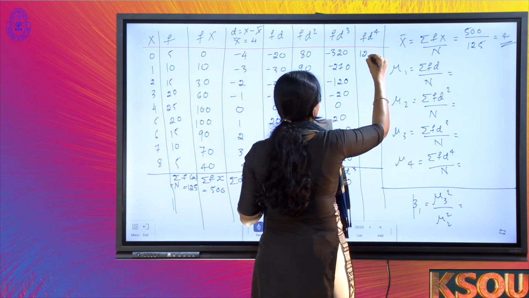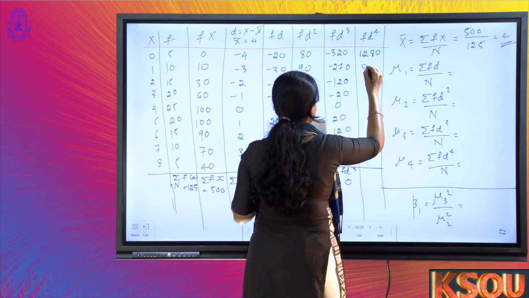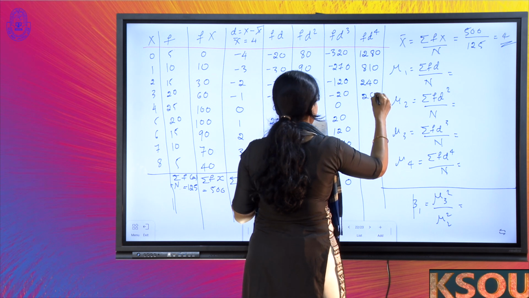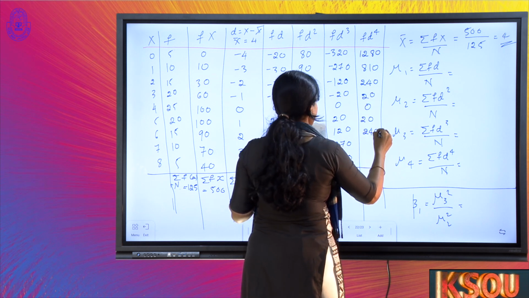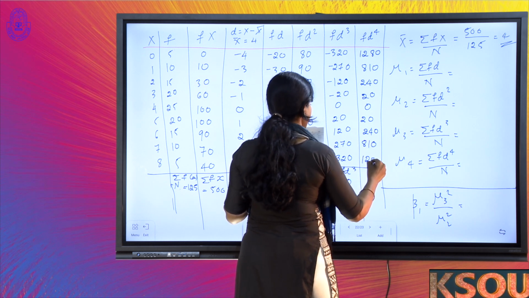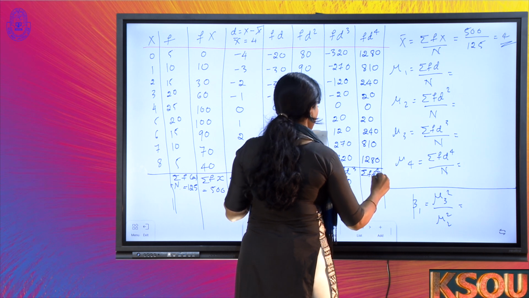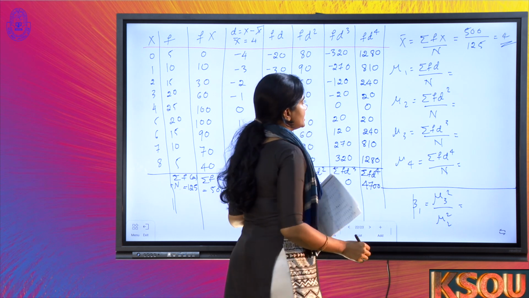You must get the values 1280, 810, 240, 20, 0, 20, 240, 810, 1280. So, summation FD to the power of 4 is 4700. So, these are the values.